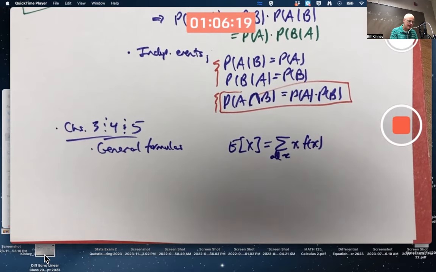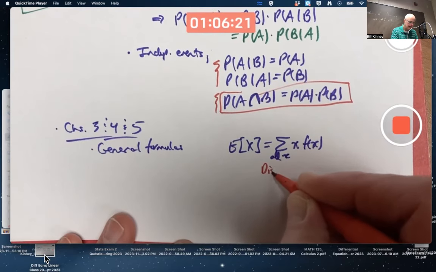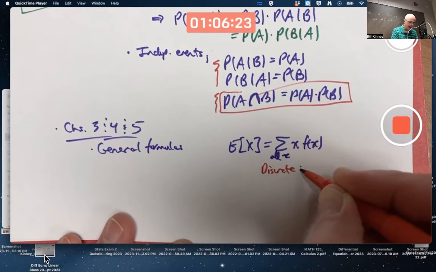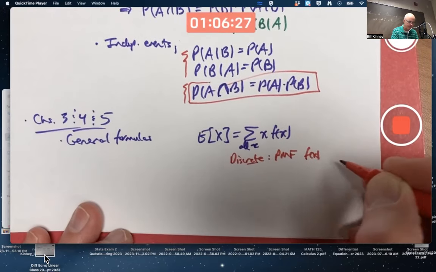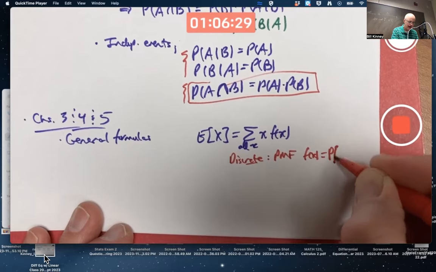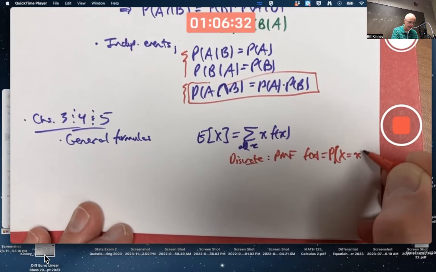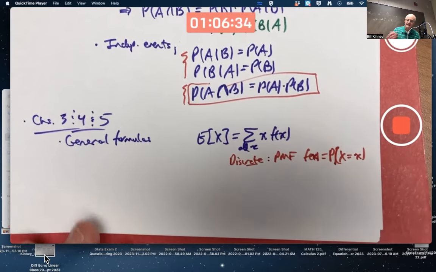Keep the distinction: in the discrete case, the PMF actually gives you a probability, the probability that capital X, the random variable, equals little x. Whereas in the continuous case, the PDF values do not give you probabilities. You have to integrate them to get probabilities. That's the way it works. That's why I like using different terminology for them, even though the book doesn't.